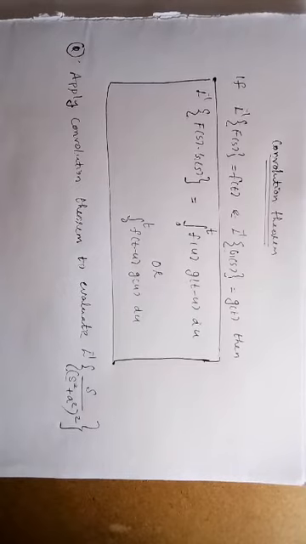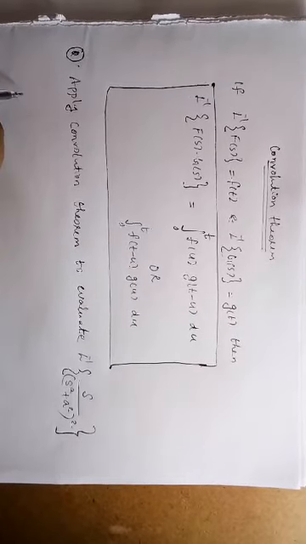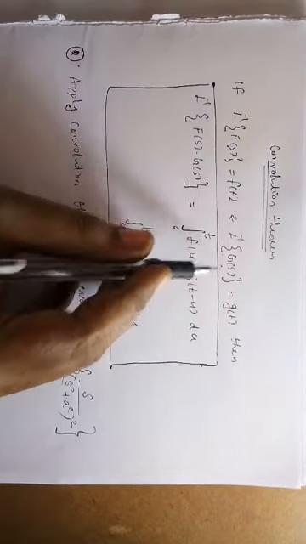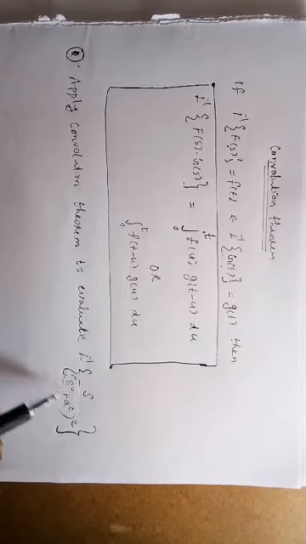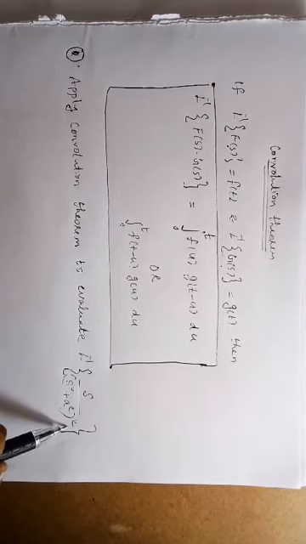So this is our question. The first step is we have to identify two functions F(s) and G(s). Here we have the given function as s by (s square plus a square) the whole square.